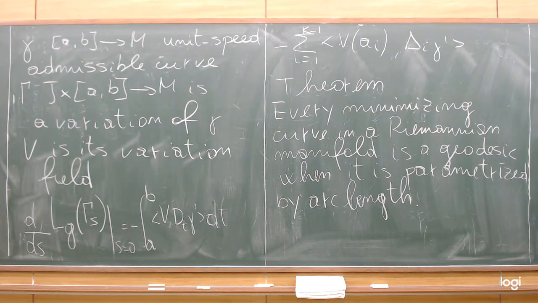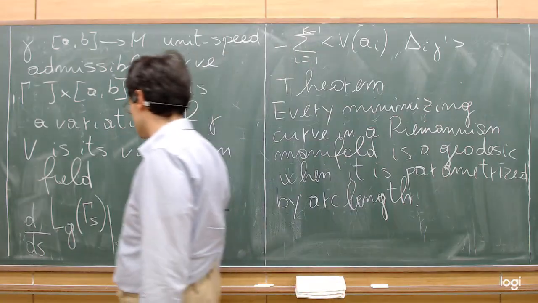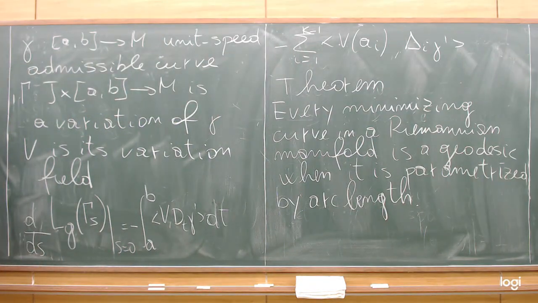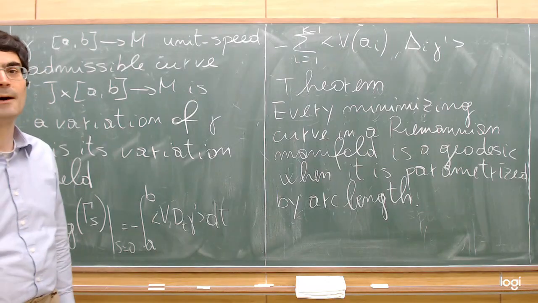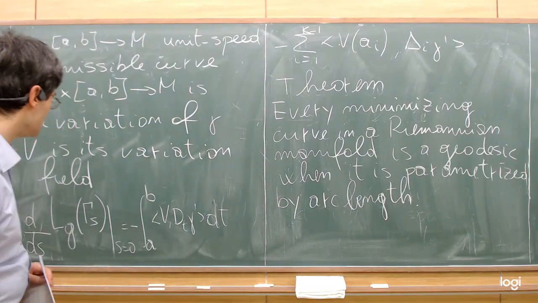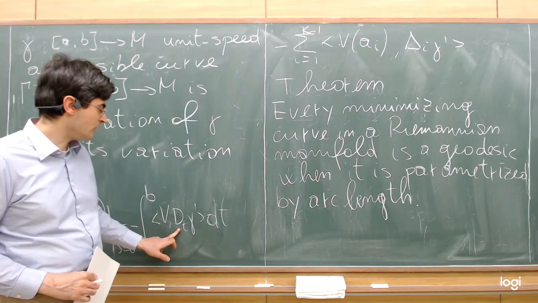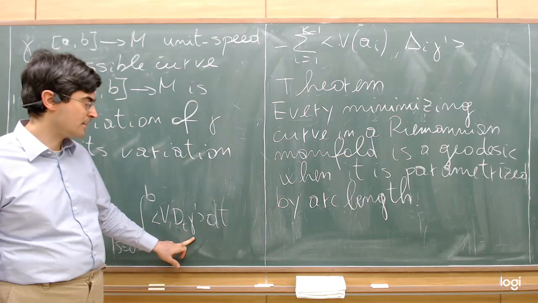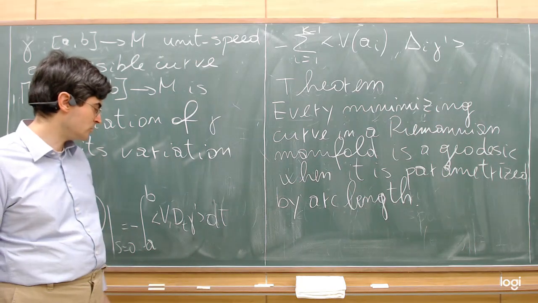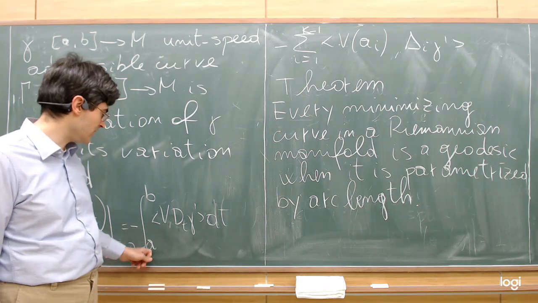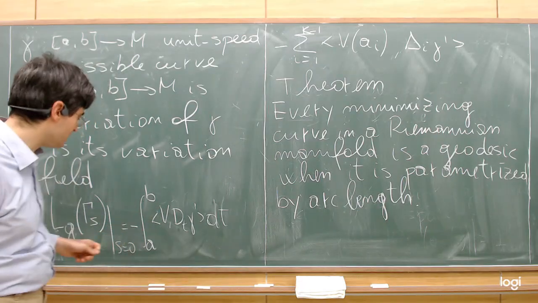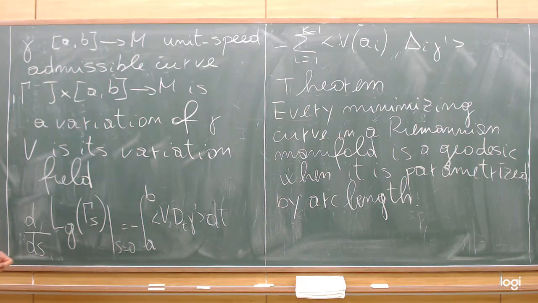The proof is based on the use of this formula, and it consists of two parts. The goal of the first part is to prove that the covariant derivative of gamma prime is 0 on the subintervals of AB, where gamma is regular.